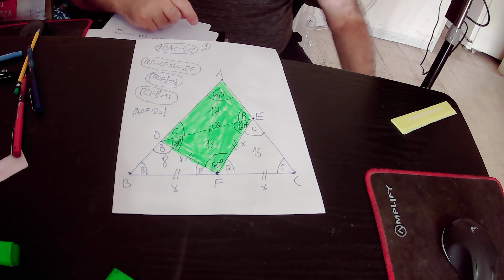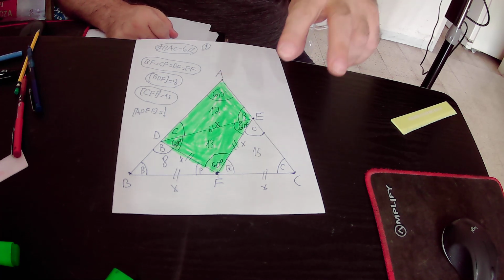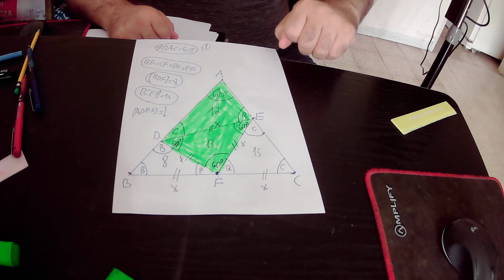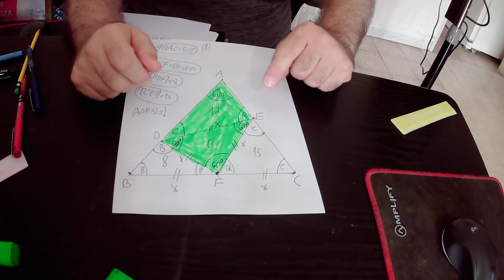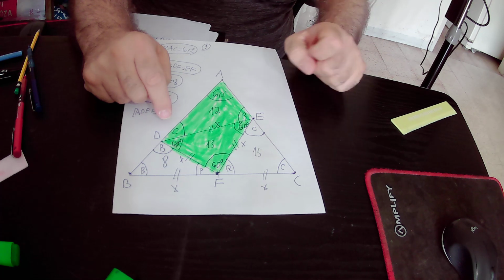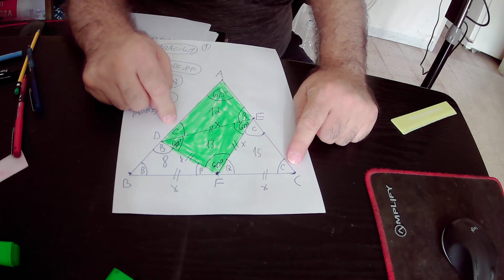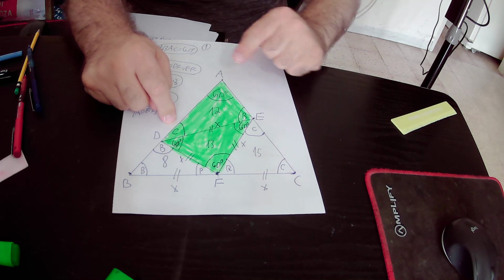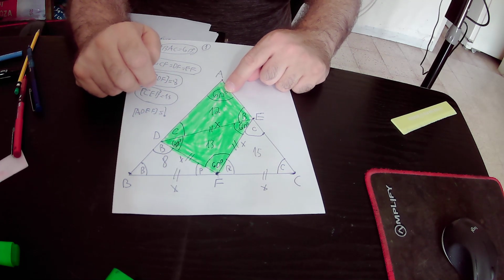Then we focused on triangle ADE and triangle ABC. We know that angle AED equals angle ABC, and both those angles are equal to each other. We also know that angle ADE equals angle ACB in triangle ABC. And we also know that this angle that equals 60 degrees is a common angle.